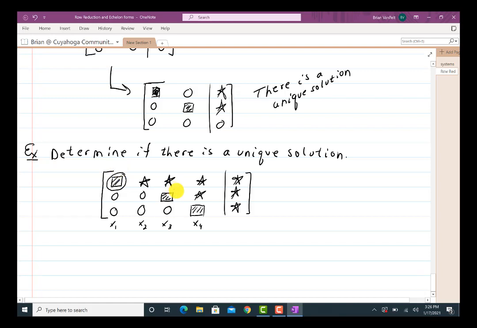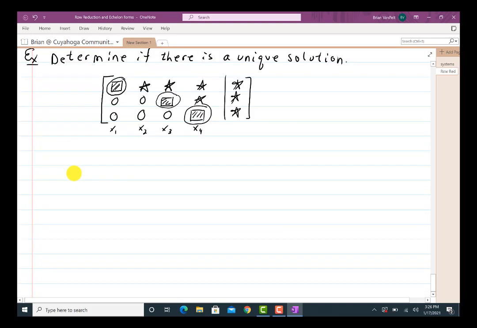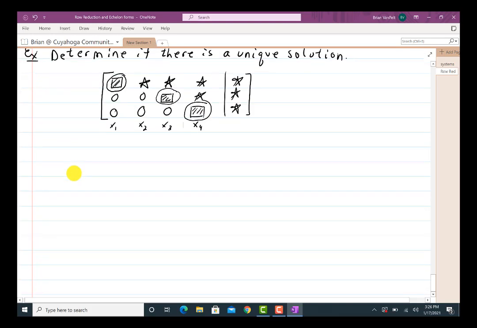I have a pivot position here, and I have a pivot position here. As before, I can use this non-zero pivot to wipe out what's above it. Similarly, over here, I can use this non-zero number to wipe out what's above it. And so when that's finished, I can get something like this.